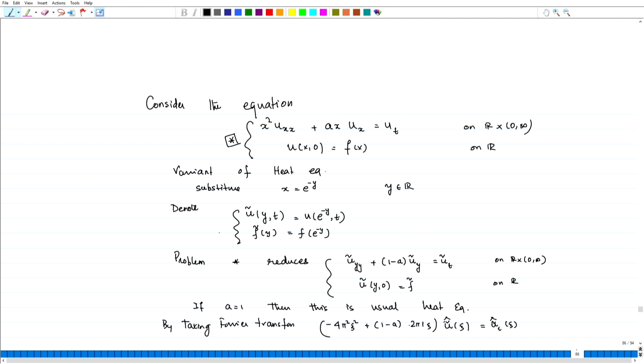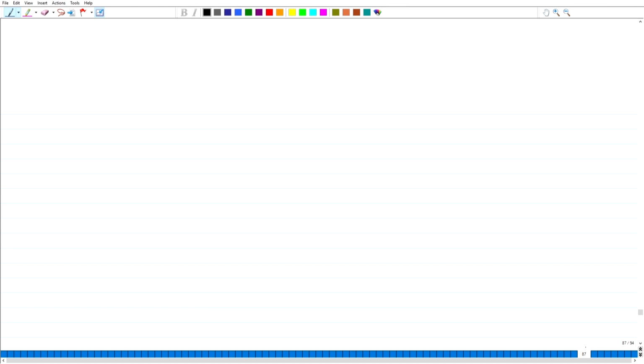So, if we solve this, then we are going to get that u tilde hat at xi, t is equal to some constant times e to the power minus 4 pi square xi square plus 1 minus a 2 pi i xi whole into t.